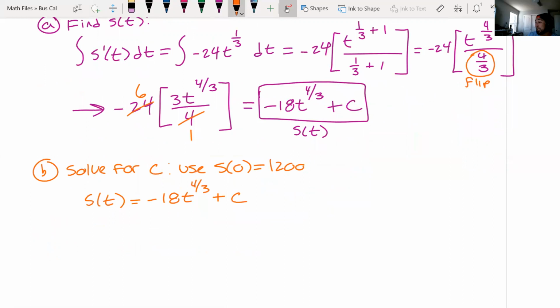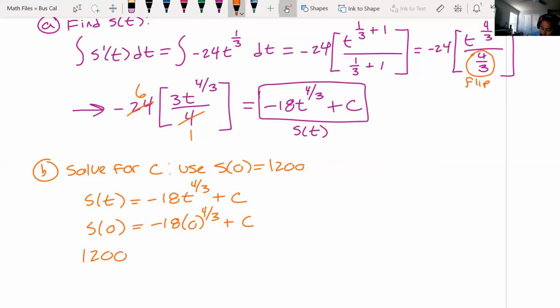We're going to plug in 0 for every t. S of 0 equals negative 18 times 0 to the 4/3 plus c. And remember that when t is 0, S is 1,200.